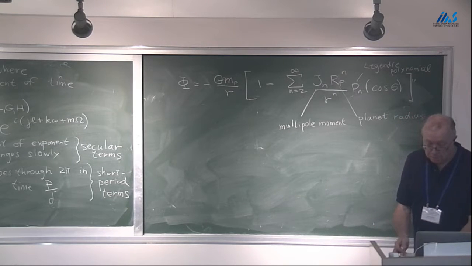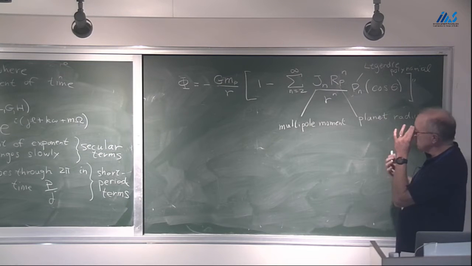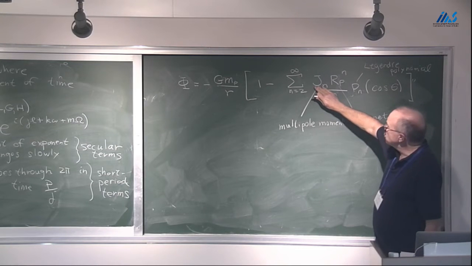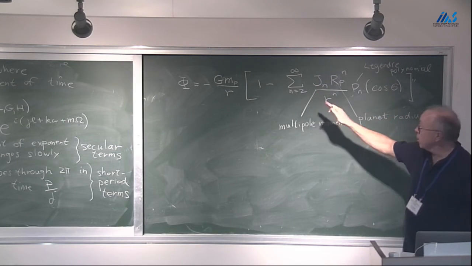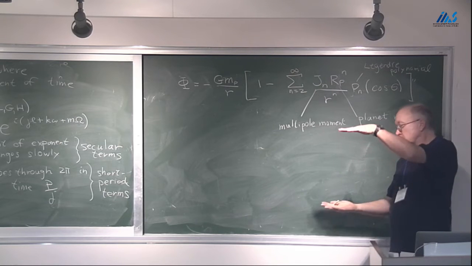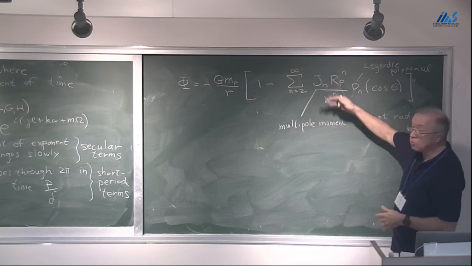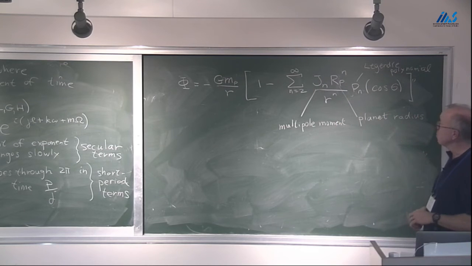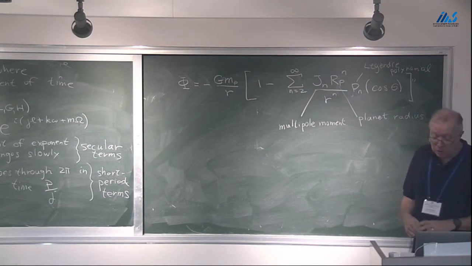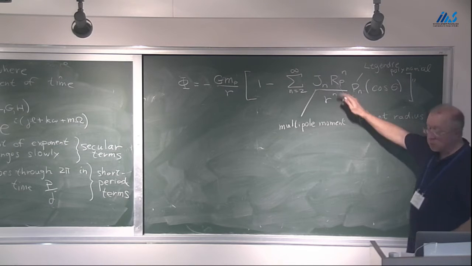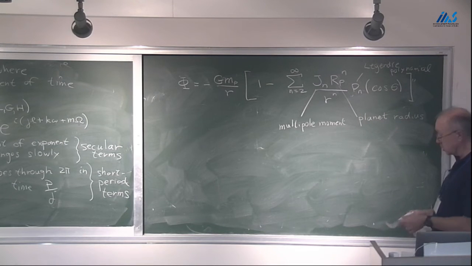Moreover, in the case of the Earth, in the case of most planets, J2 is typically much bigger than all of the other ones. If the planet has reflection symmetry around its equator, J3 and J5 and J7 are all 0. So by far the largest component is typically J2, and for the sake of simplicity, I'll just ignore the other ones.